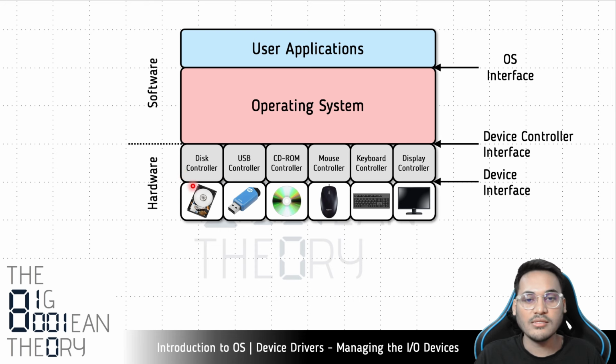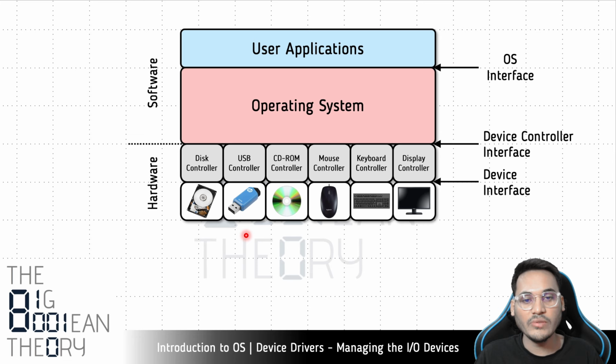And each of these controllers is a very specific electronic chip. A device controller can only manage the device that it is associated with. It is designed to do only one particular job. For example, the disk controller can only manage the disk. It cannot manage any other device. That is how it is designed.